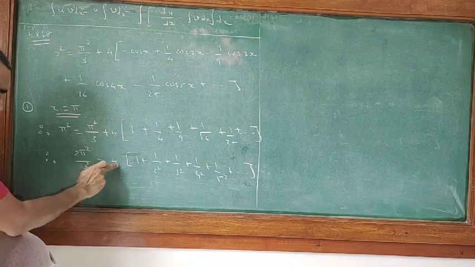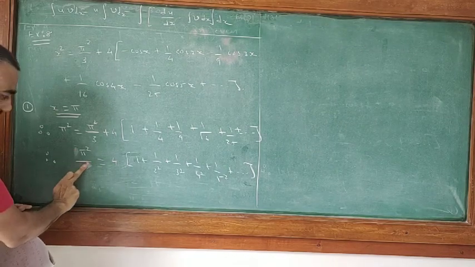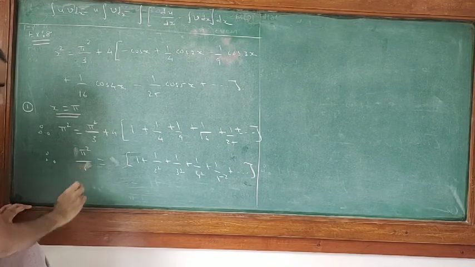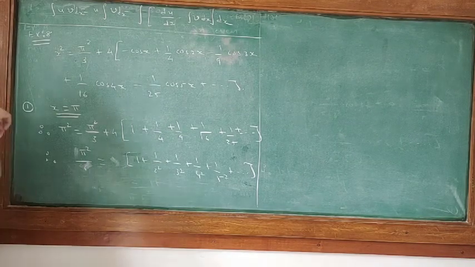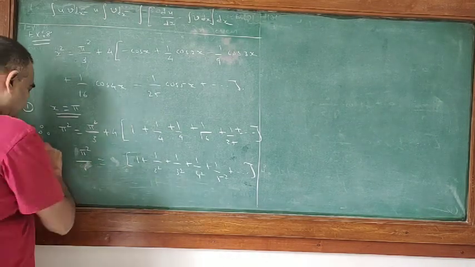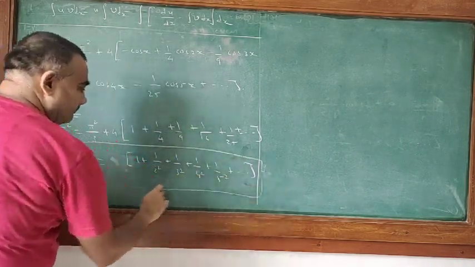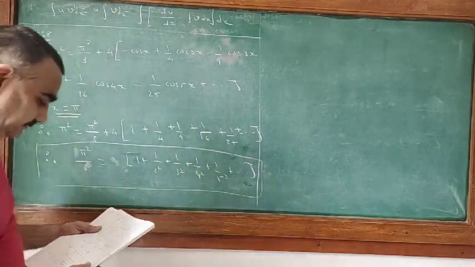Now if we divide this by 4, it will become pi square by 6, and due to that this is the value of pi square by 6.